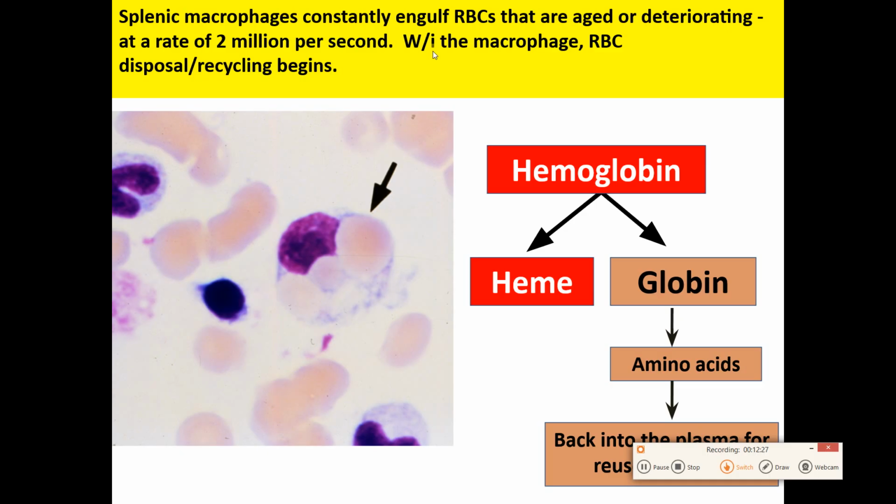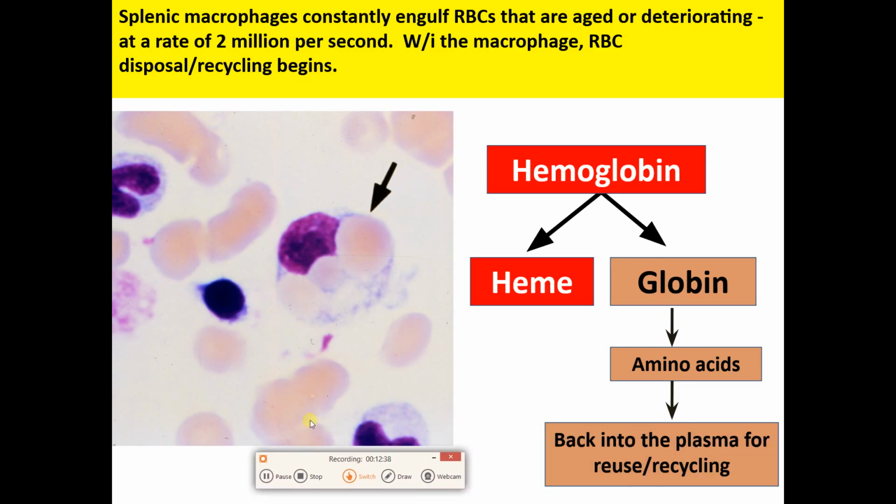Once the red blood cell has been engulfed by the macrophage, the disposal and recycling of the parts is going to begin. Remember, a red blood cell is basically just a bag of hemoglobin. They're chock full of hemoglobin. Here's a macrophage with a couple of red blood cells it's engulfed.